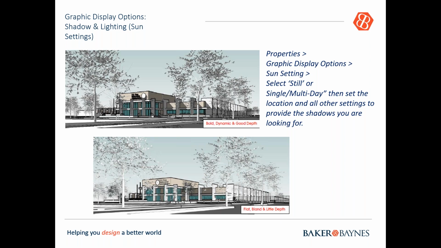So there's where you'll select your single, still, or multi-day option. I feel that this is just another example of how Revit allows you the opportunity to experiment and play with your presentation, to express yourself and let your design be shown in a more interesting way. Obviously, it takes practice, so my advice is always to play around with it and see what works for you and what is possible.